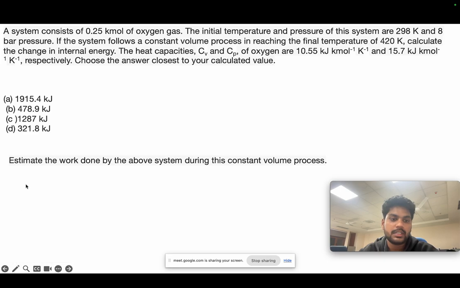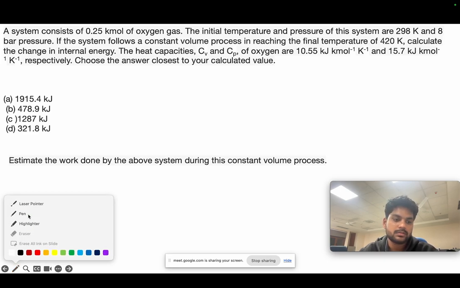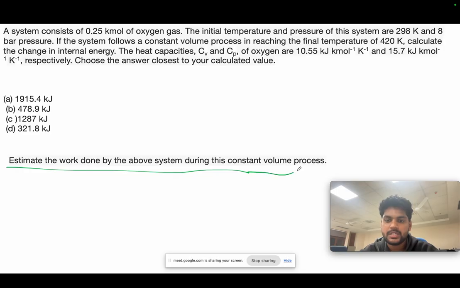And the second question also. Estimate the work done. So how much work will be done during the constant volume process? For the same question, they ask to calculate the change in internal energy and the work done by the above system. So can you give me the answer? So work done will be 0, I think.